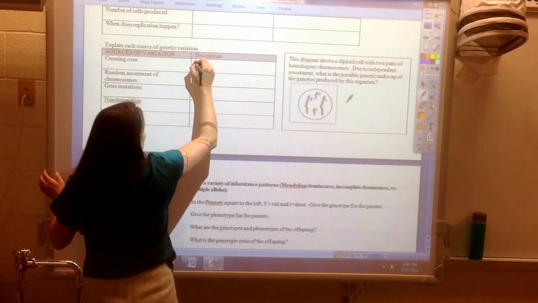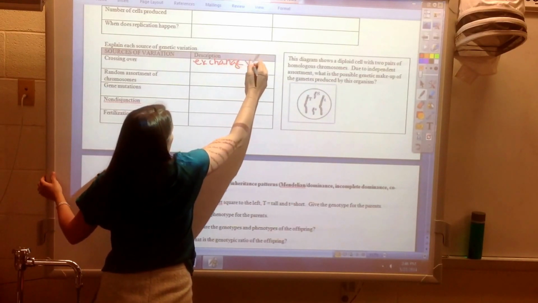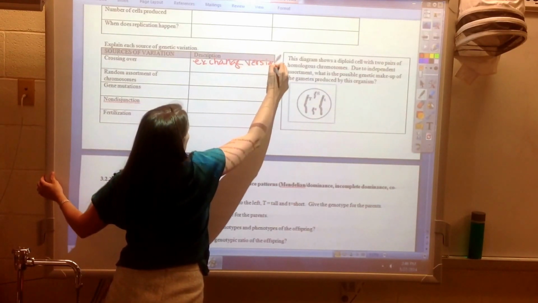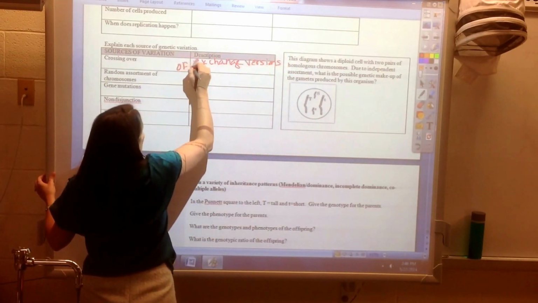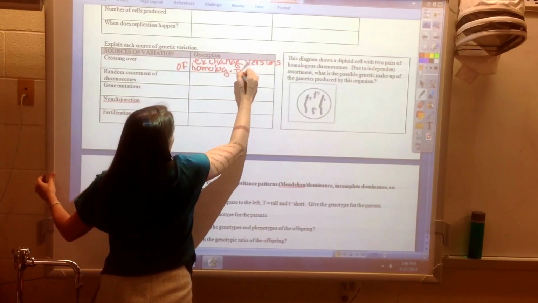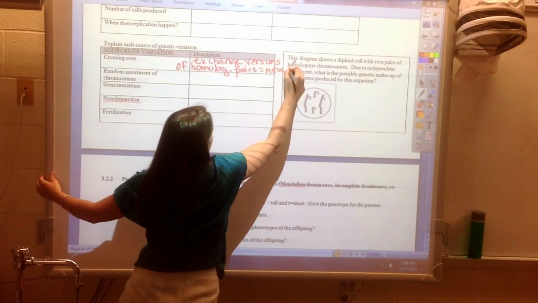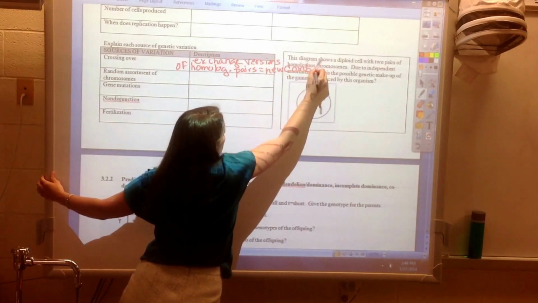Crossing over is when we exchange versions of homologous pairs, and we get new combinations, new combos.